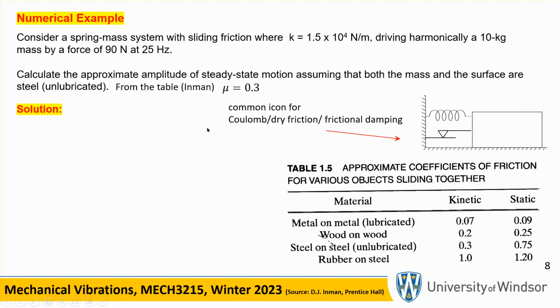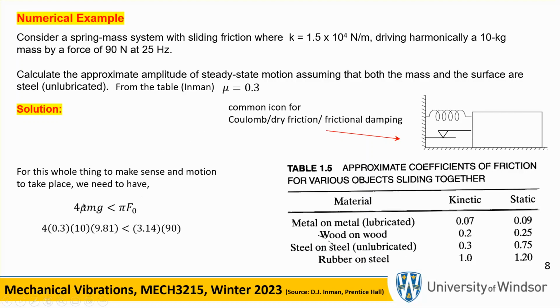That's what we're going to need. And this whole thing makes sense as long as we meet that condition, otherwise this is all nonsense. So we plug in the value: mu is given as 0.3, mass is 10 kilogram, g is 9.81, and F naught is 90 Newton. If this is true, then yes, whatever we do makes sense.